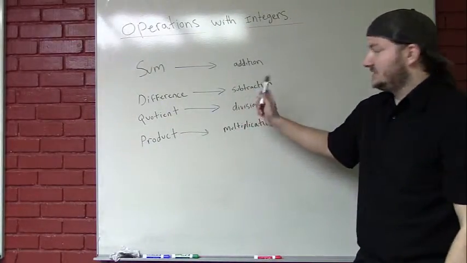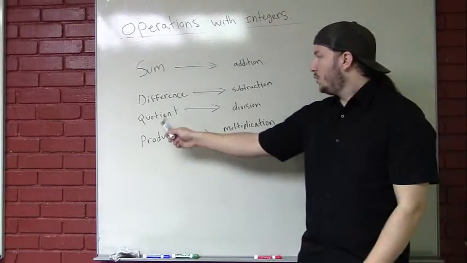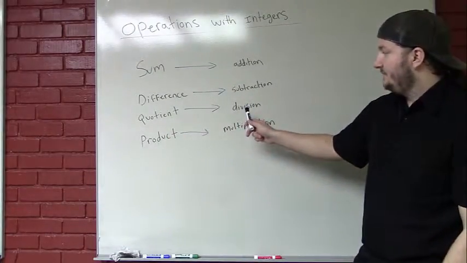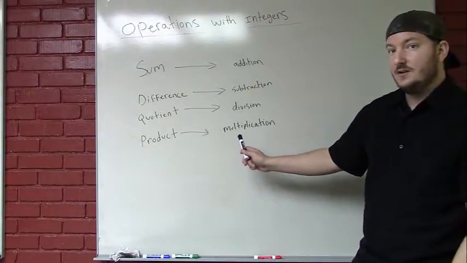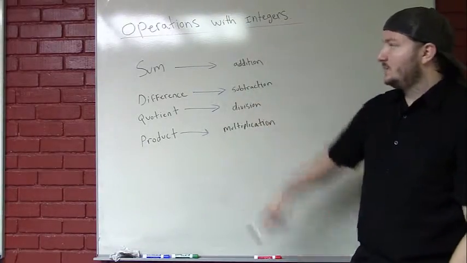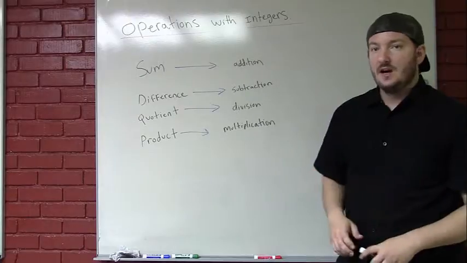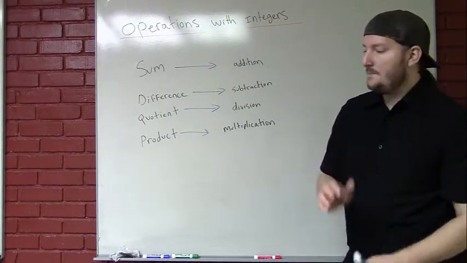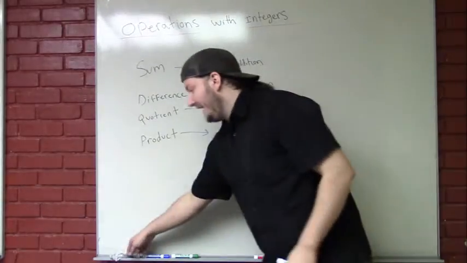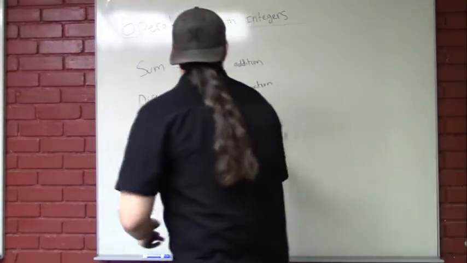Difference means subtraction. Quotient means division. And product means multiplication. Okay? So make sure you have this somewhere in your notes, just so if you hear these words and forget what they mean, just refer back to them, okay? Alright, so that's that. Let's just dive right on in.